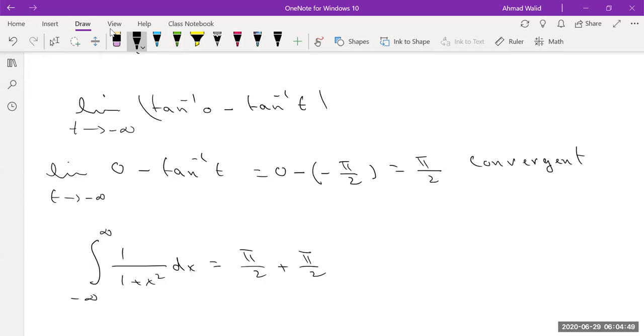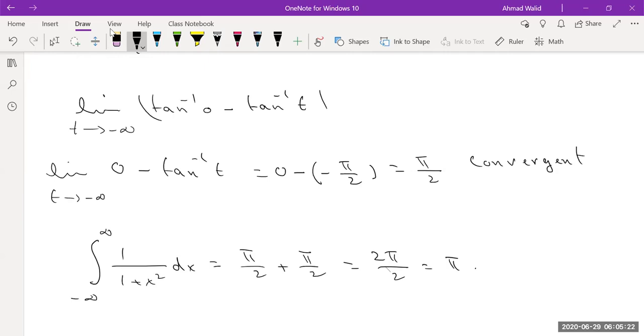I didn't solve it; please find the second star limit also, which is totally the same. I'm saving time. What is pi over 2 plus pi over 2? It gives you 2 pi over 2, and you can cancel the 2, which gives you pi. It means the area under this curve from negative infinity to positive infinity is pi. Correct?